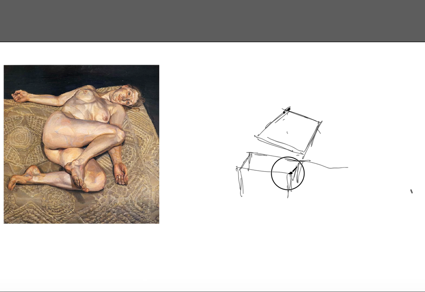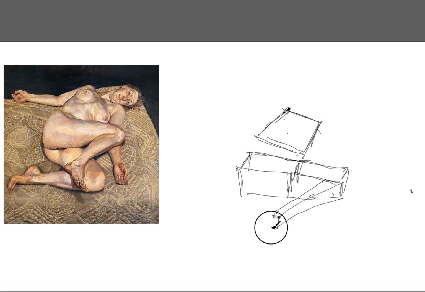Coming out of here, this extends forward. Coming out of here, we have a kind of diagonal structure. This time you'll see that I've used cubic forms rather than cylindrical forms.